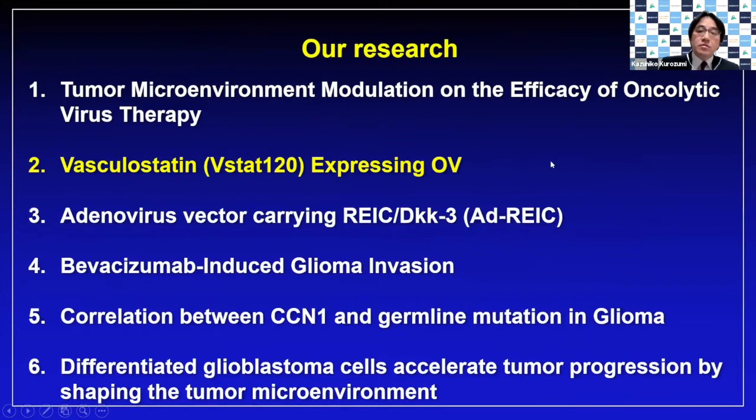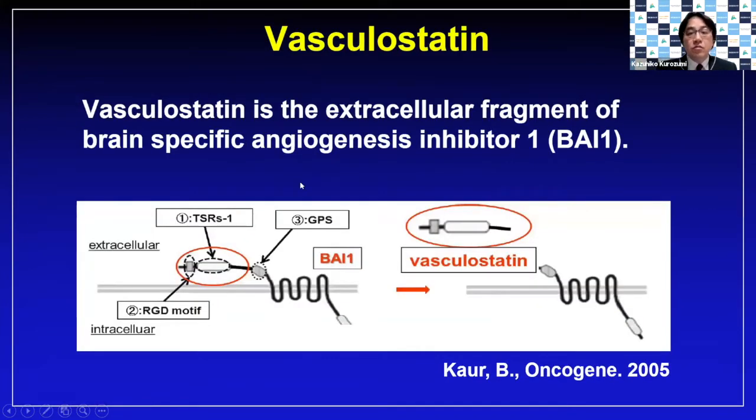Next, I made a new virus with a PhD student at Ohio State University. We used the brain-specific angiogenesis inhibitor 1 (BAI1) sequence, and only this fragment, which was named vasculostatin.